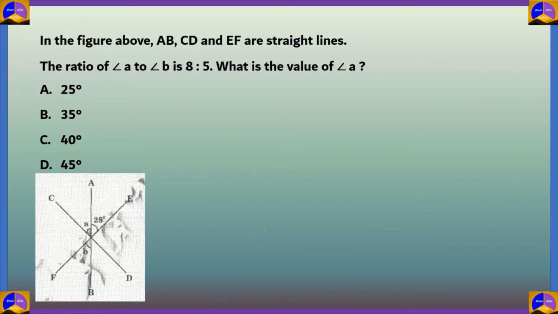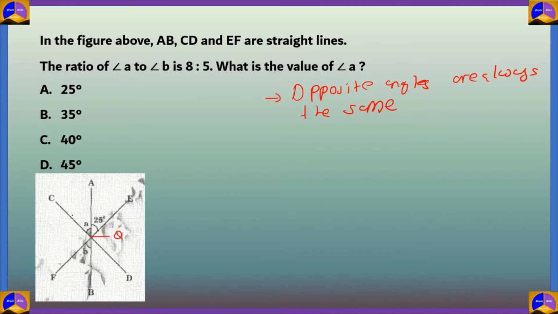Now, to find the answer to this question, we have to note a fact that opposite angles are always the same. What I mean by this is that if the middle point is point Q, then angle CQF will be equal to angle DQE.